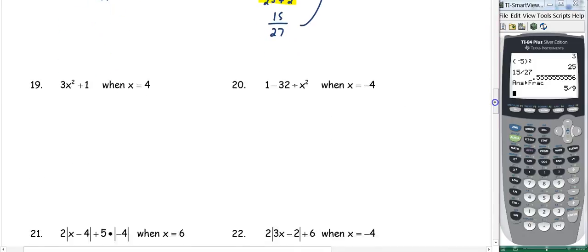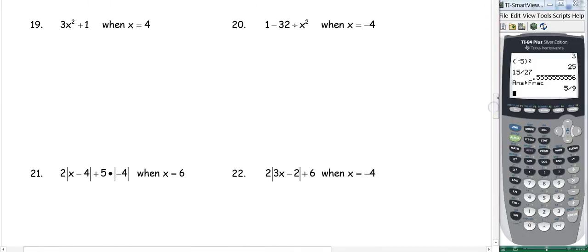Now we're going to look at the problems where there's a variable in it, and we have to substitute a value in before we can evaluate. So in number 19, we have 3x squared plus 1 when x is 4. So we're going to substitute 4 in place of x. Everything else stays the same. When you are substituting, make sure you put that value in parentheses.